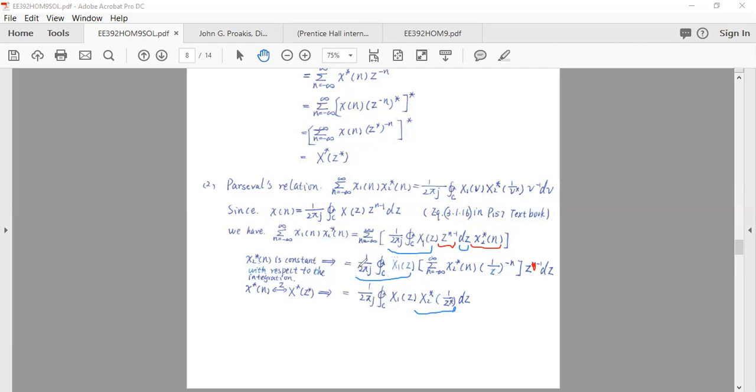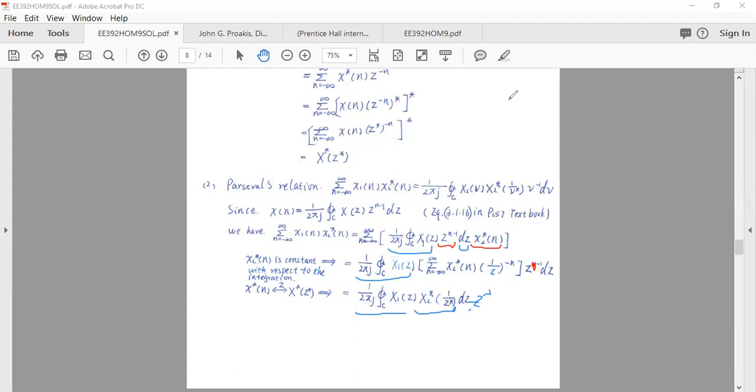We can rewrite this term as it is, and bring this dz over here and this z to the power of minus 1. So basically it proves that the summation of x1 of n multiplied by the conjugate of x2 of n is equal to this using Parseval's relation, right? We have proven Parseval's relation using this, right?